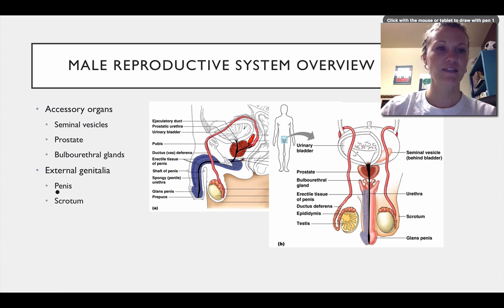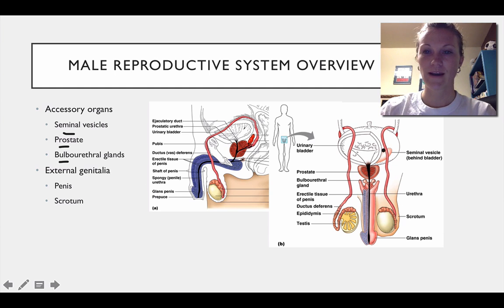Some of the accessory organs here are the seminal vesicles, the prostate, and the bulbourethral glands. The seminal vesicles are right in here, behind the bladder. The prostate is right here, and some part of the duct system goes through the prostate.